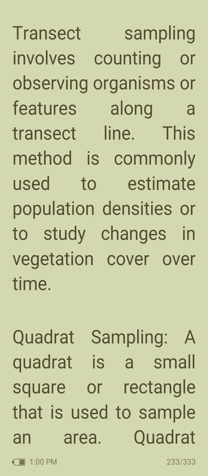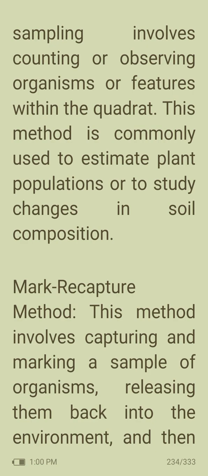A quadrat is a small square or rectangle used to sample an area. Quadrat sampling involves counting or observing organisms or features within the quadrat. This method is commonly used to estimate plant populations or to study changes in soil composition.